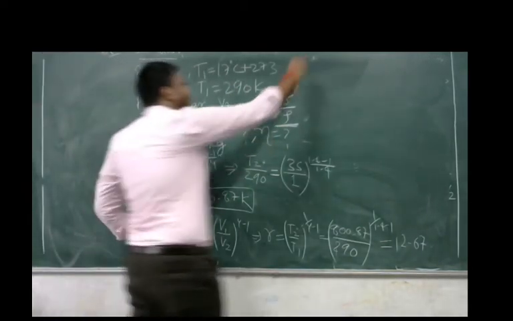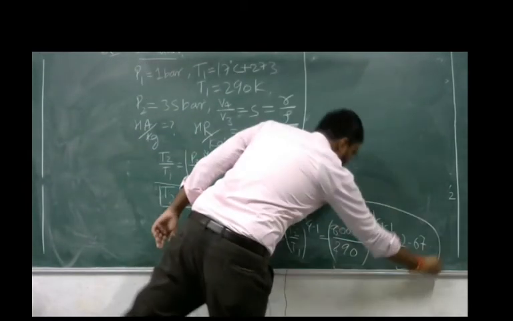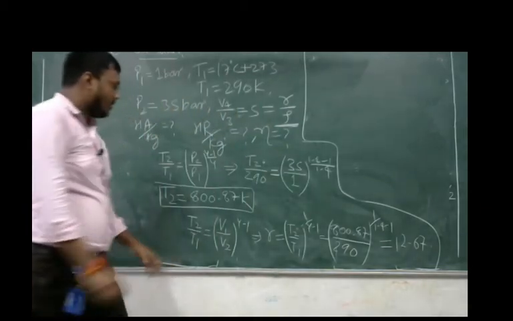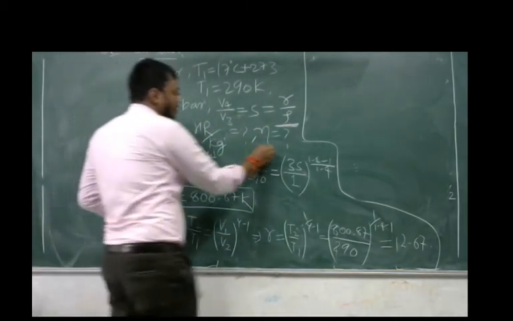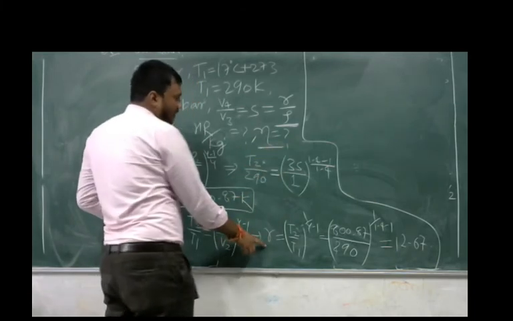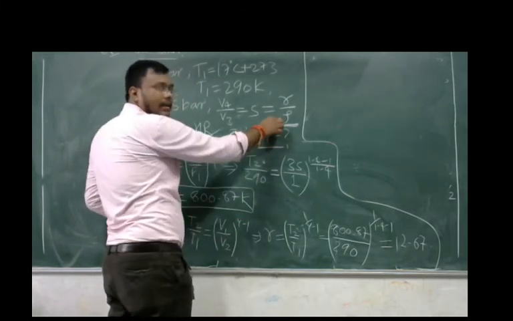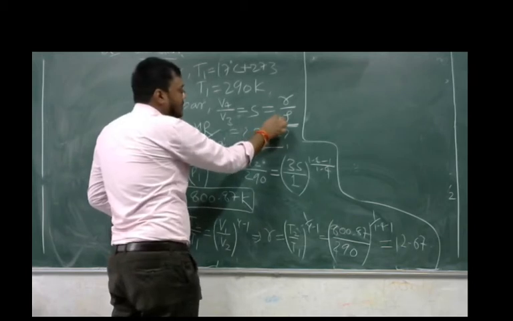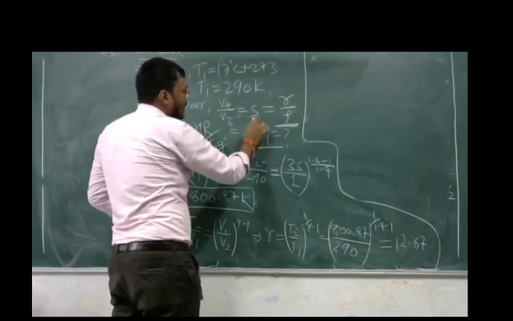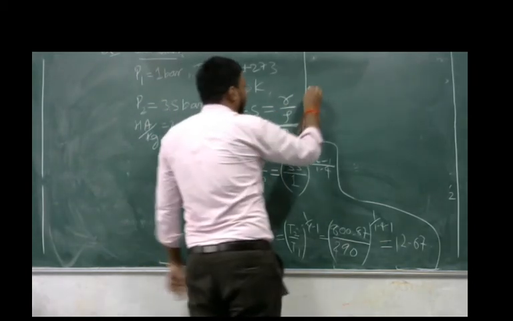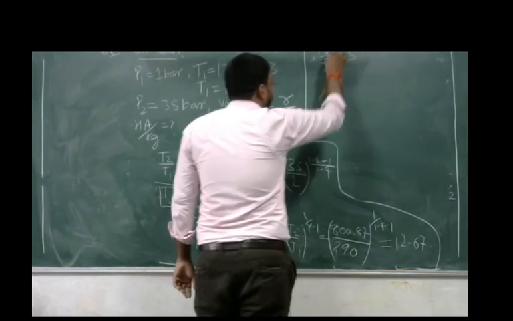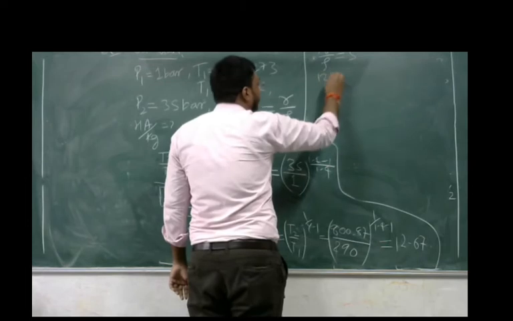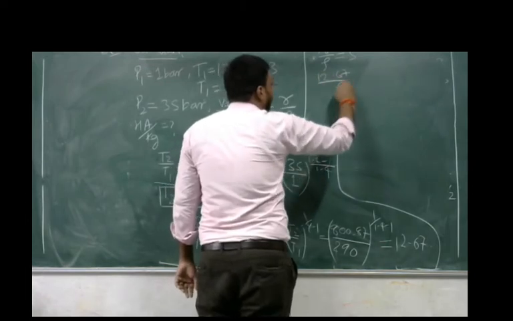Now in this question we have got the value of r, so we have to calculate the efficiency here also. For efficiency we know the value of r, we just need the value of rho. This we can find by the equation r by rho equal to 5, which is given in the question. With r equal to 12.67, 12.67 by rho equals 5.